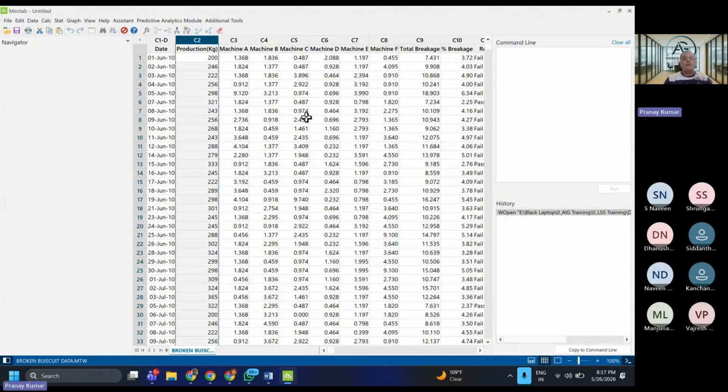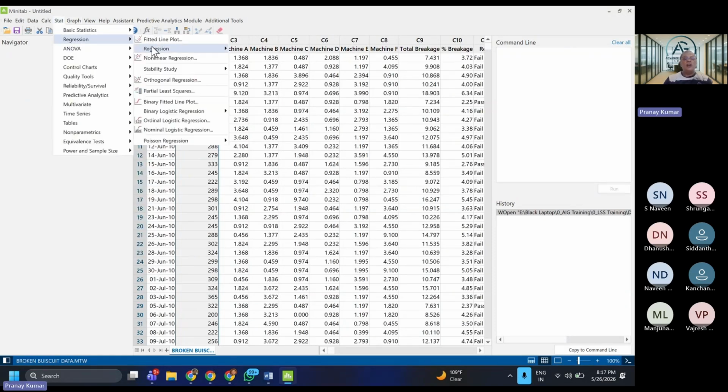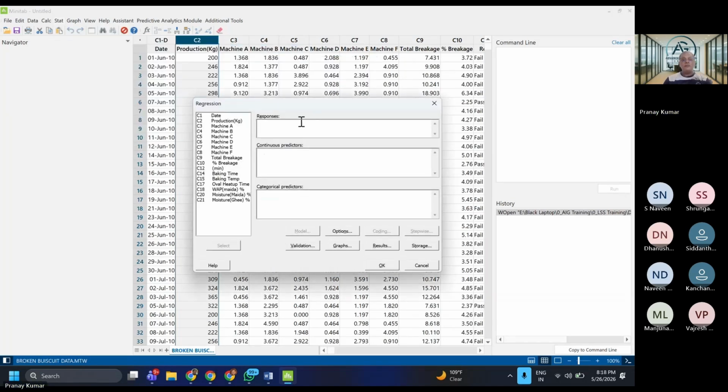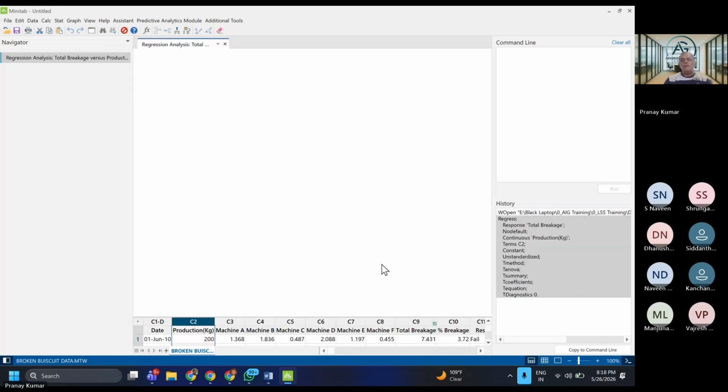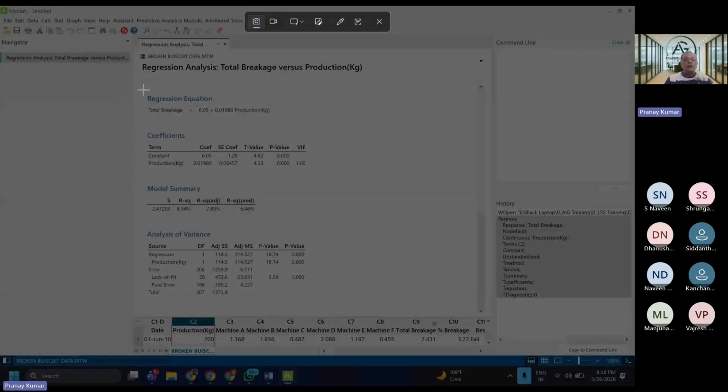My factor is production in kilogram. I go to stats. I go to regression. I use the fit regression model option. Total breakage versus production in kilogram. Press OK. You have a lot of information here. I will take a screenshot first so that we can discuss this.